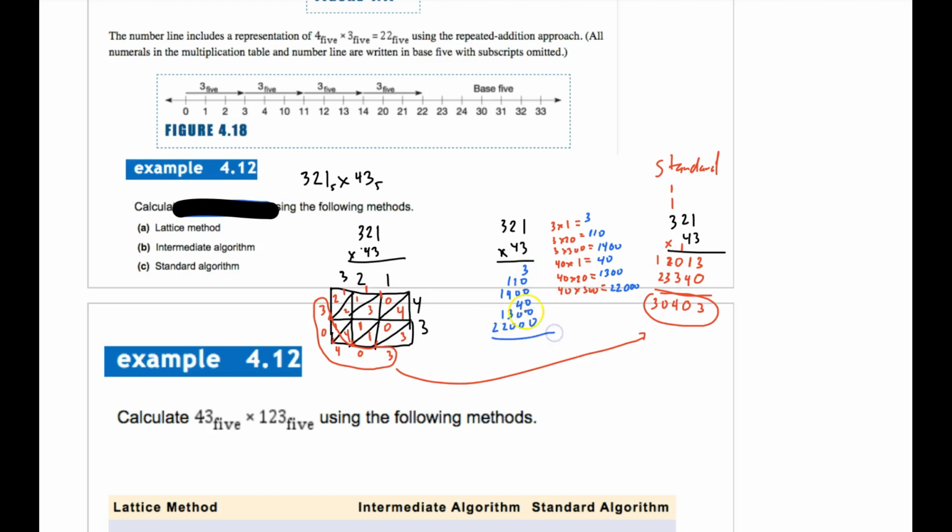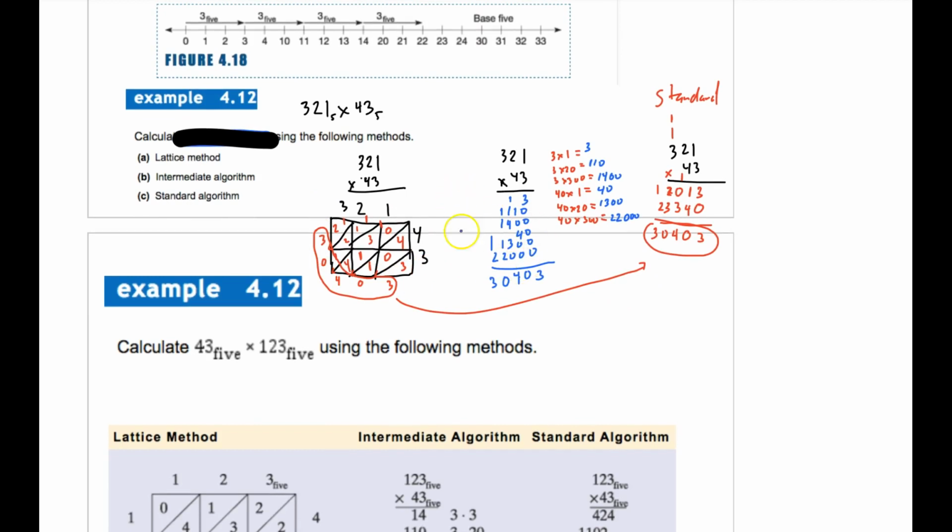So when we add those up, you have your 3. 1 plus 4 is 5, so it's 0, 1. 1 plus 1 plus 4 is 6, plus 3 is 9, so there's your 4 here. Add the 1 from the 9, so 9 is 1, 4. 1 plus 1 plus 1, that's 3 plus 2 is 5, 0, 1, and so then you have 3, 0, 1, 3, 0, 4, 0, 3, and so then you have your multiplication in base 5.